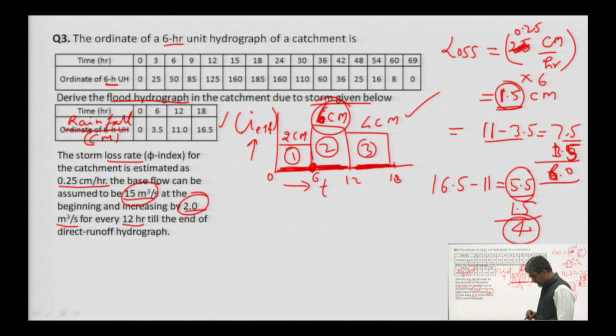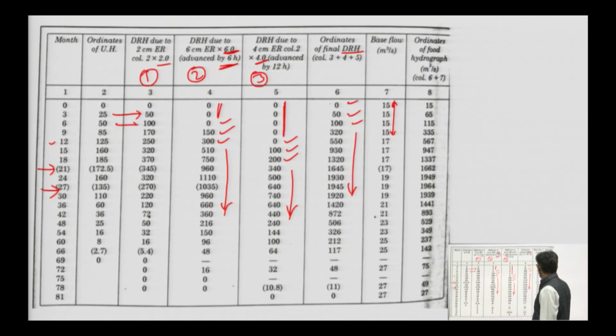That's why we need to add plus 2 after t equals 12. So, it is 17, 17, 17, 17 for 12 hours, and for the next 12 hours we need to add 2 again.